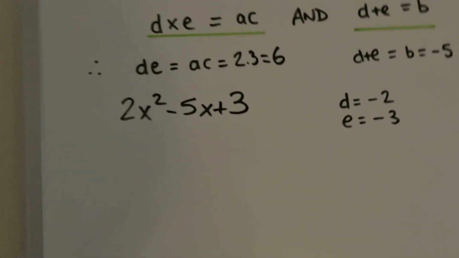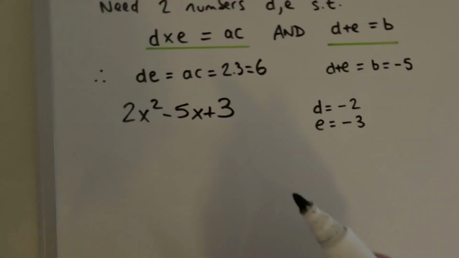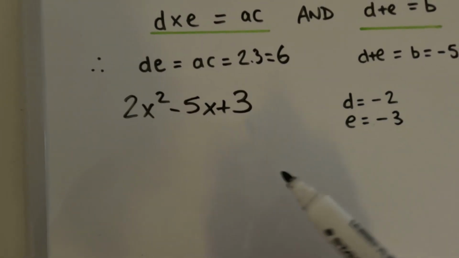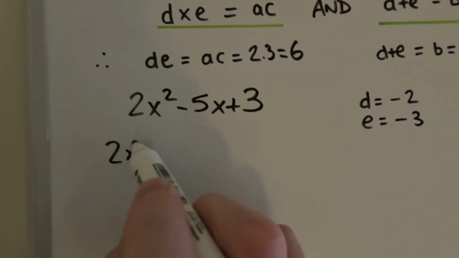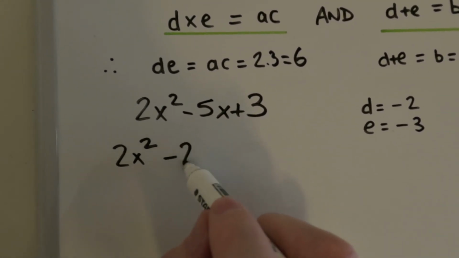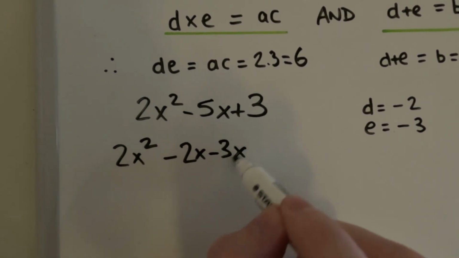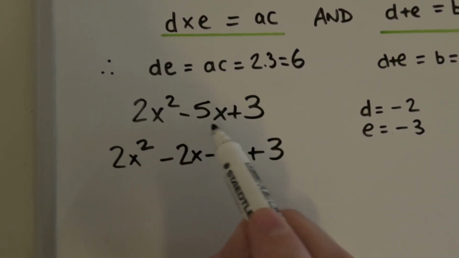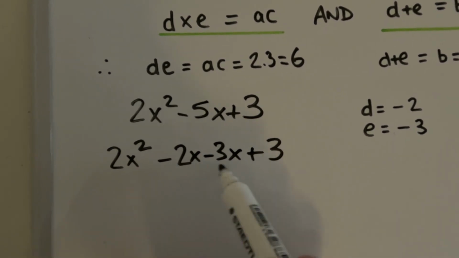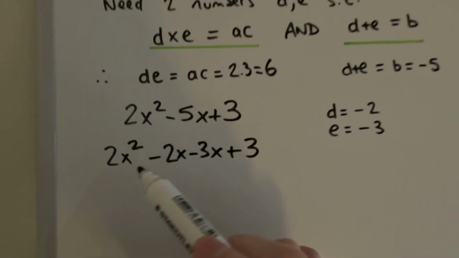And then we've now got our d and our e values, so we can split the minus 5x up. So that will become minus 2x minus 3x plus 3. I've just changed this minus 5x to minus 2x minus 3x, so it all adds up to the same thing.